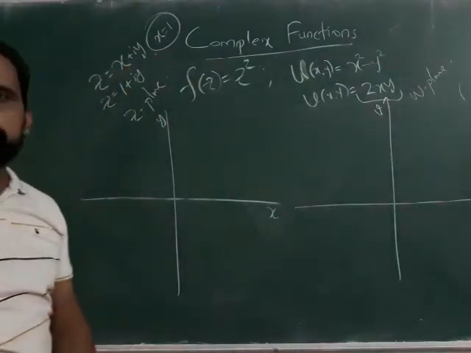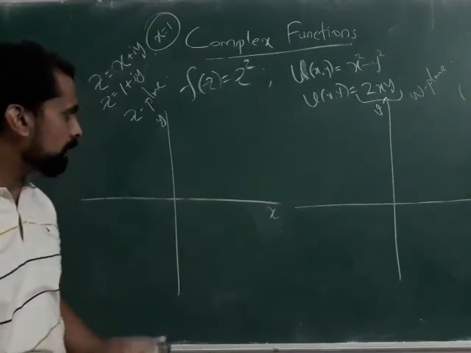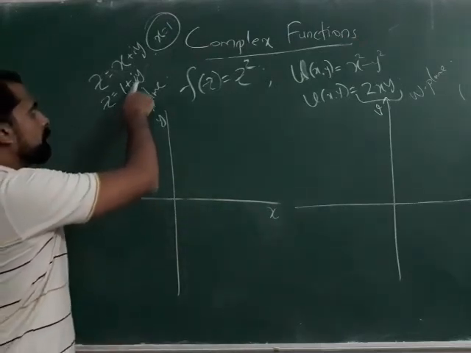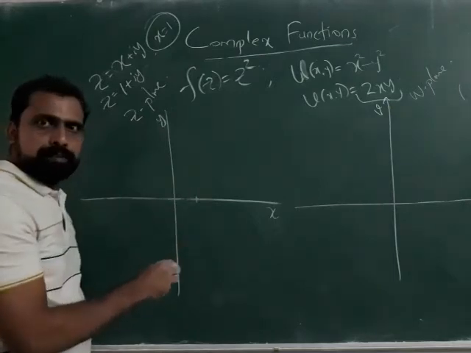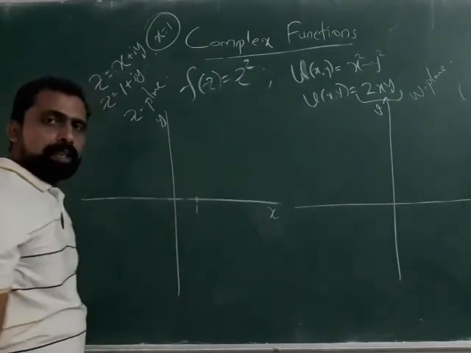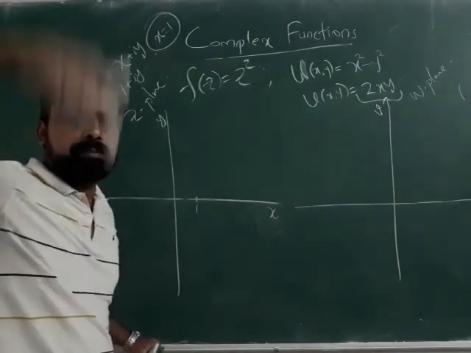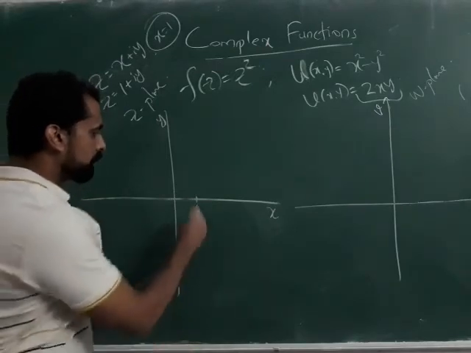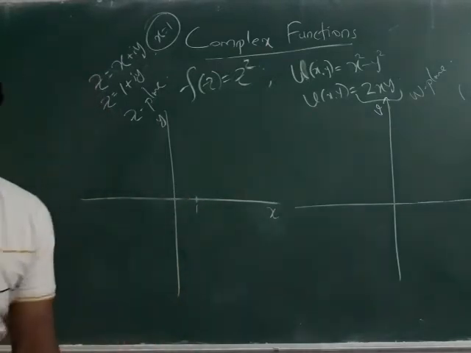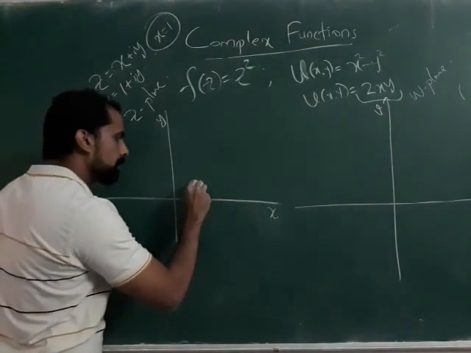Now in the z plane you can plot it, because z is equal to 1 plus iy, my real part is 1, and I can take an infinite number of y values, plus or minus. I will use a different color. This will be somewhat like this.